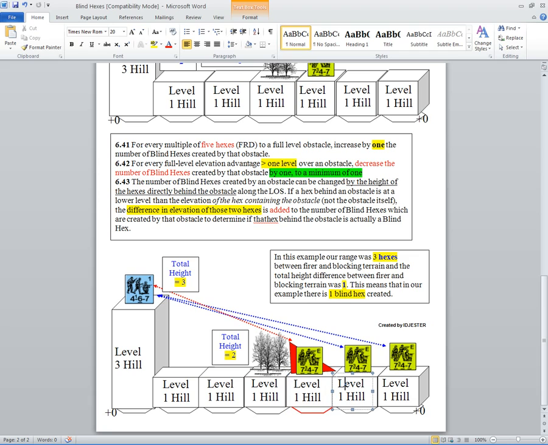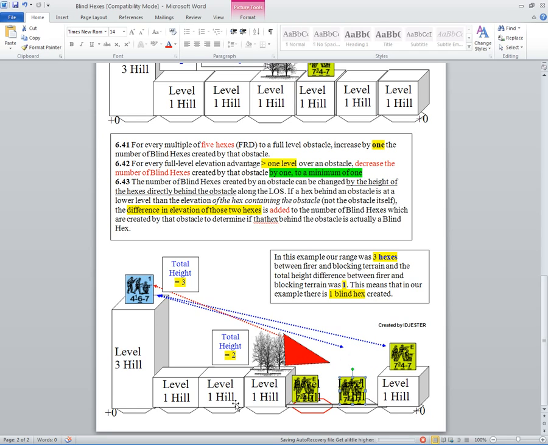Now you can quickly and easily see, if I can get these things selected, I might have to just move it out of the way for a second here. Okay, notice that if our level 1 hill weren't a level 1 hill anymore and it was just a level 0 hill, or we were at level 0 terrain, you can quickly see that his line of sight is actually going to elongate.